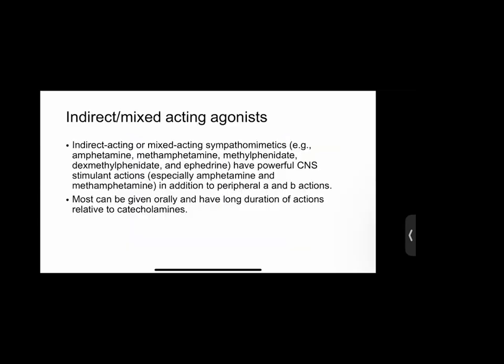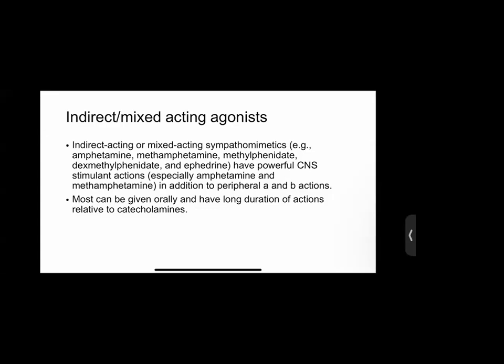Then we have the indirect and mixed acting agonists. The indirect acting, or those with mixed action, that is, they have both direct and indirect action. We have amphetamine, methamphetamine, and ephedrine.